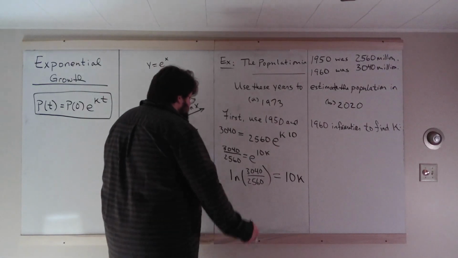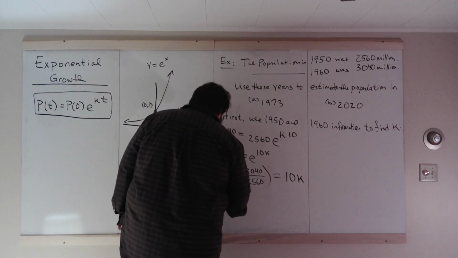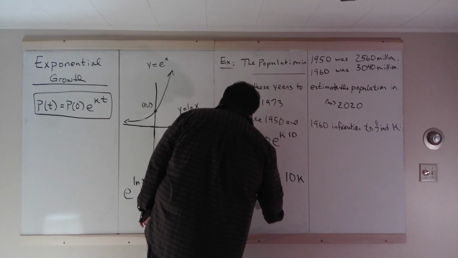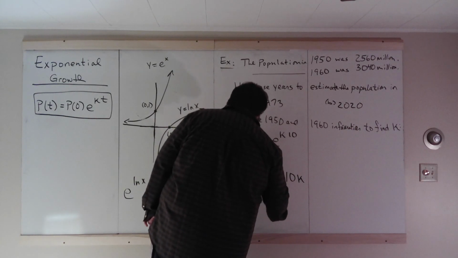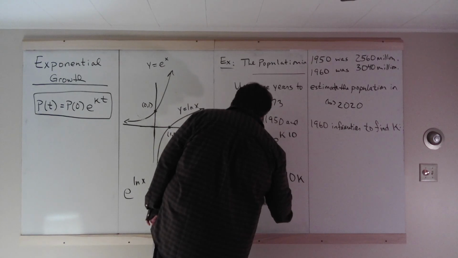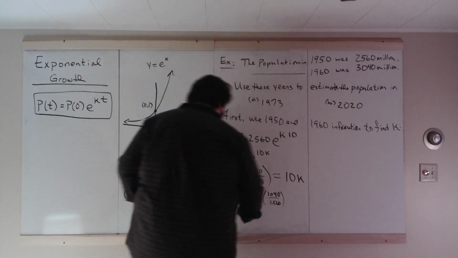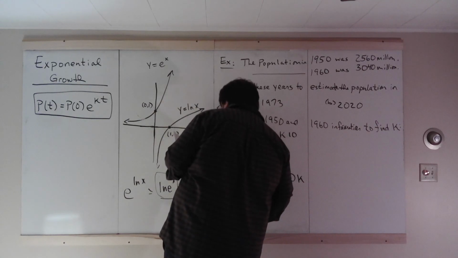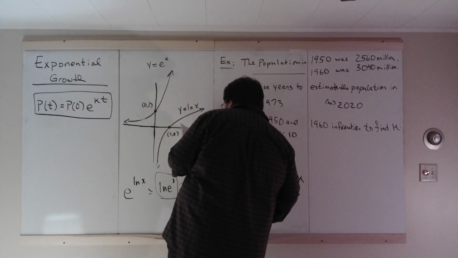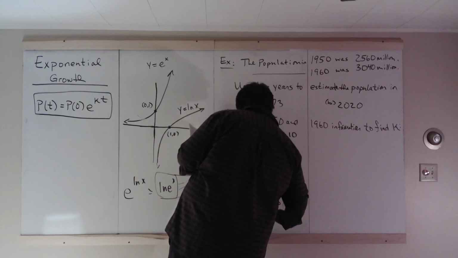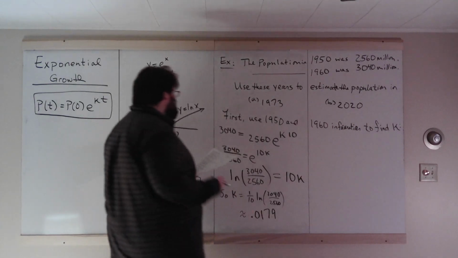Solve this for k, so just divide by 10. So we'll say k equals 1/10 log of 3040 over 2560, and this as a decimal is approximately equal to 0.0179.